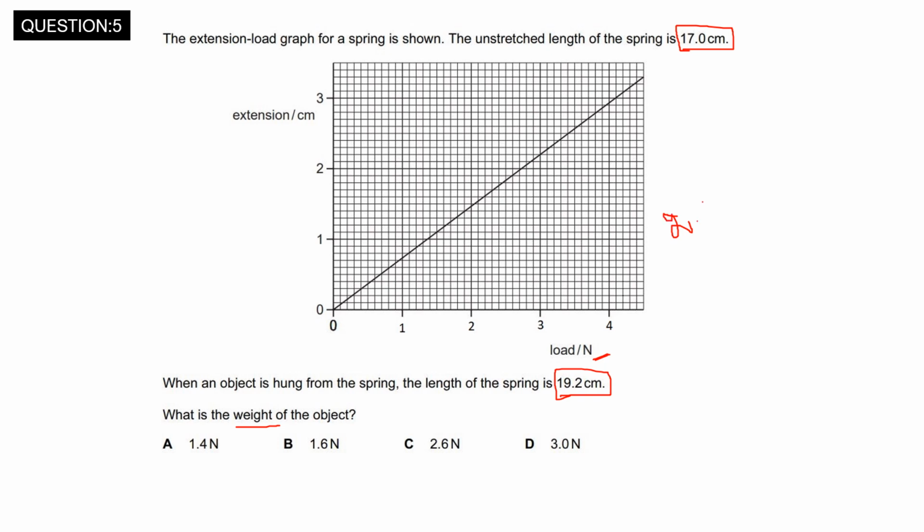So for 2.2 centimeter, from the graph we can find the corresponding force here. So that is this, 3.0 Newton. Hope you understand.